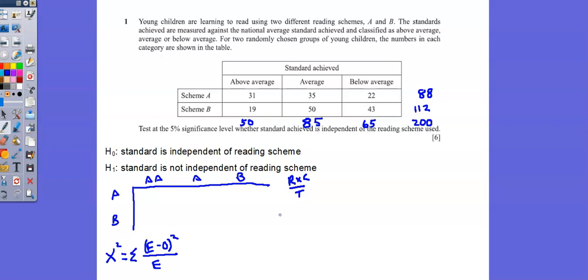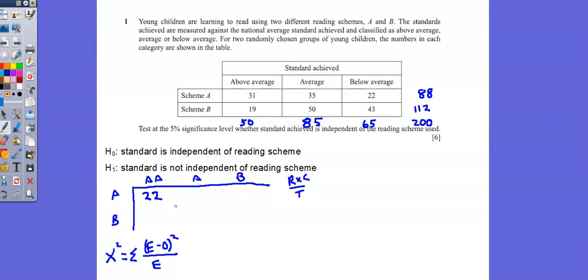For scheme A, above average, I see that the row total for above average is 50, and the column total for scheme A is 88. So I'll multiply 88 times 50, and I'll divide by the total of 200. That's going to give me a value of 22.